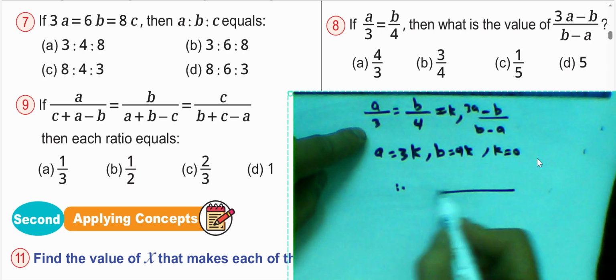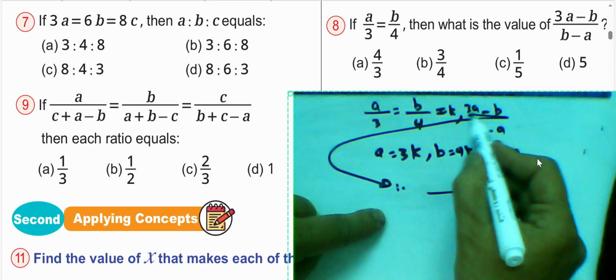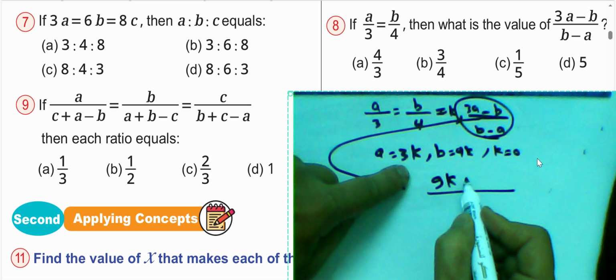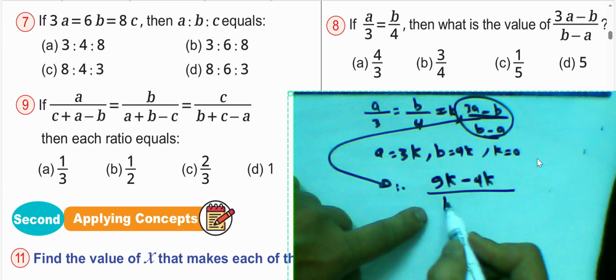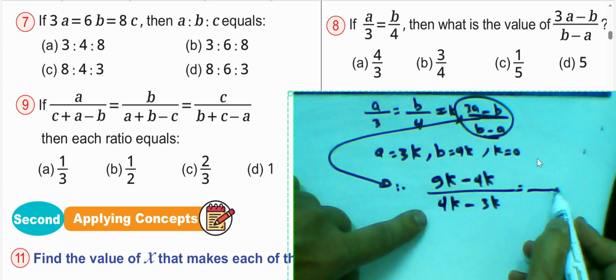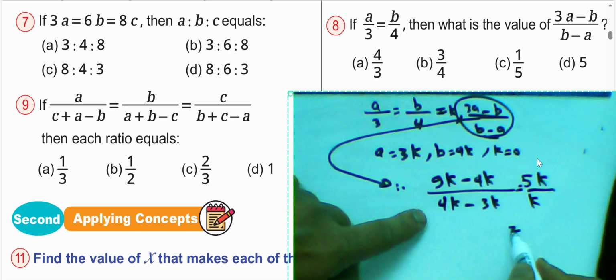Then the value of this expression: 3 times 3 equals 9, so 9k minus b, which is 4k, over b minus a, which is 4k minus 3k. Then 9 minus 4 is 5, so 5k, and 4k minus 3k equals k. Then the answer will be 5.